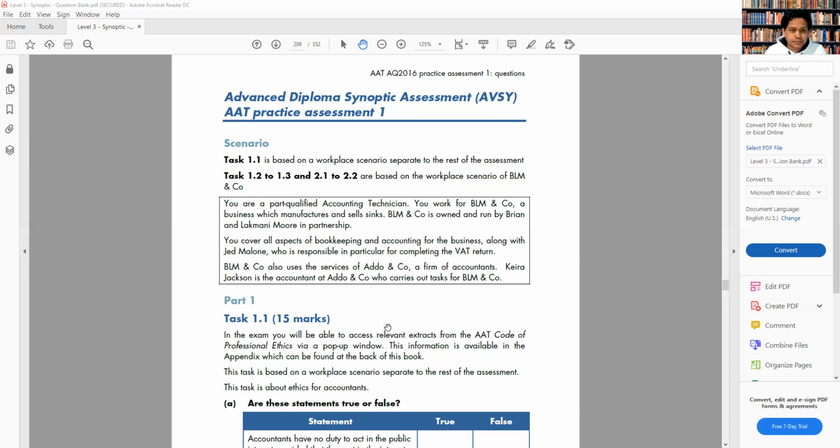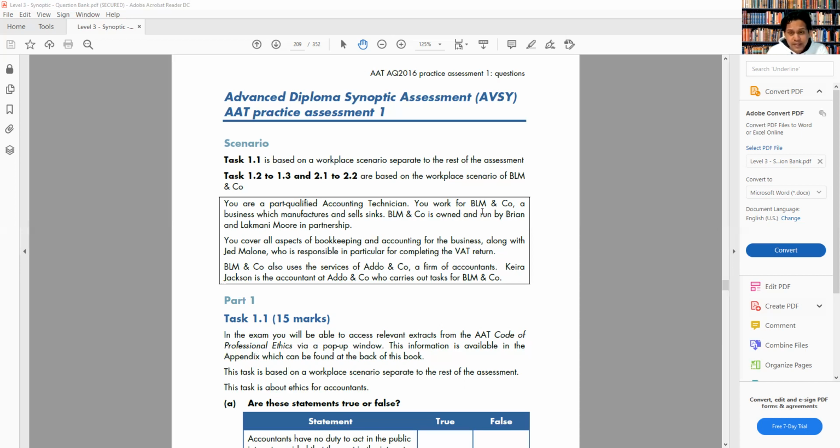Let's read this question. They said scenario: Task 1.1 is based on a workplace scenario separate to the rest of the assessment. Tasks 1.1 to 1.3 and 2.1 to 2.2 are based on the workplace scenario of BLM. You are a part-qualified accounting technician.